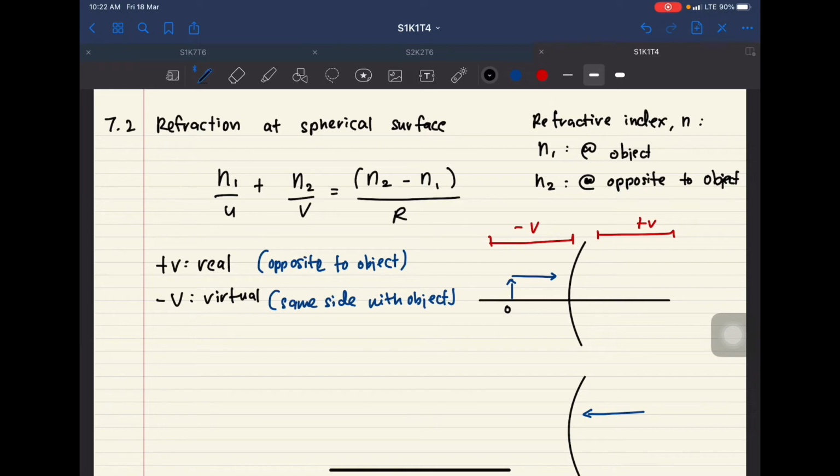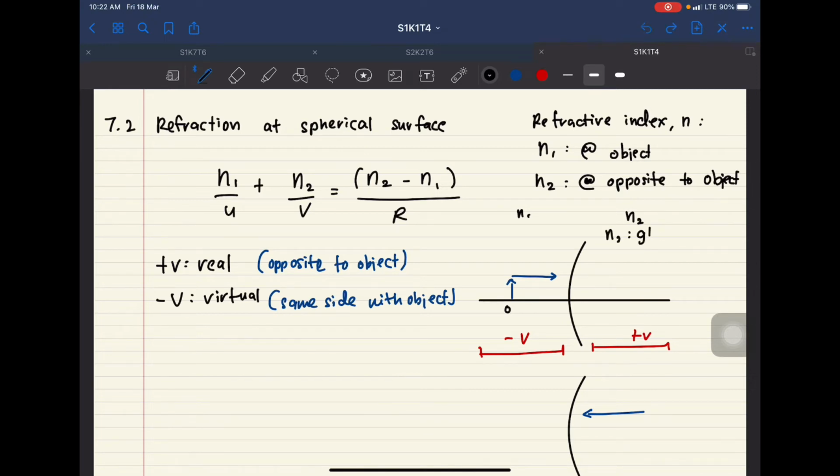Okay, just bring this one down. Okay. So this will be your N1 and this will be your N2. Okay, let's say your N2 over here on this side is a glass, right? So then this N2 is equals to glass.